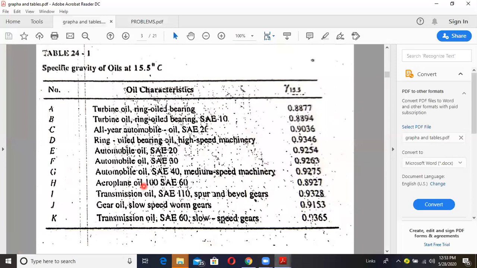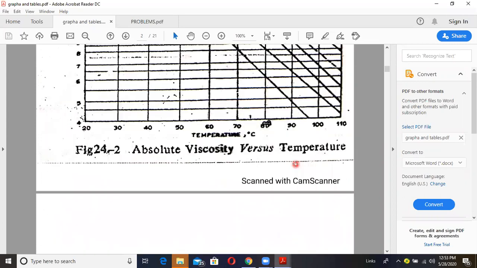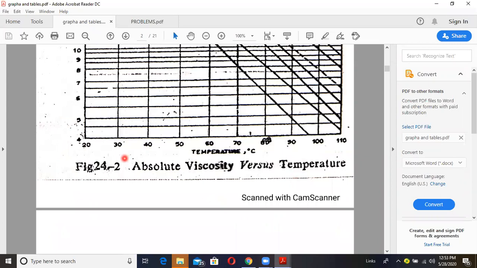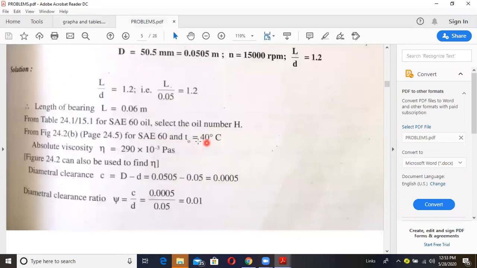See here, there is SAE 60, aeroplane oils. For SAE 60, the letter is H. After finding the letter, we have to move to figure number 24.2. Now we have to see the operating temperature, which is 40 degrees Celsius.